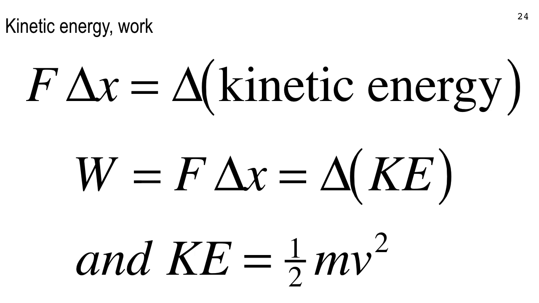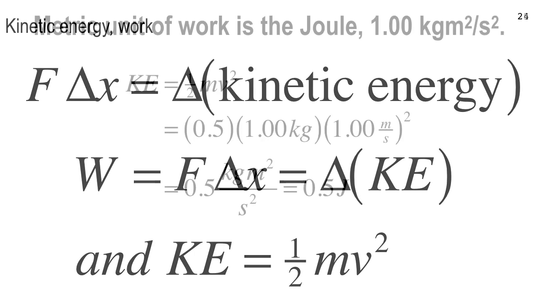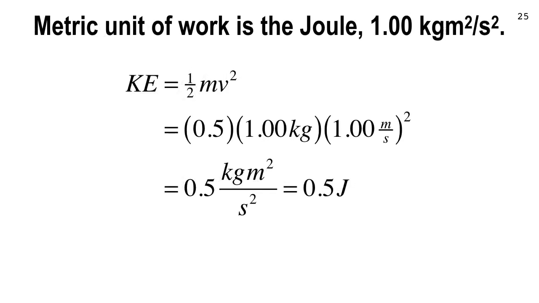So let's take a look at some simple calculations. For instance, the metric unit of work is called the joule, right? Now this one does have a special name for a scientist from England called James Prescott Joule. I think that's it. And it's 1.00 kilogram meter squared per second squared. And it has the same units as kinetic energy.